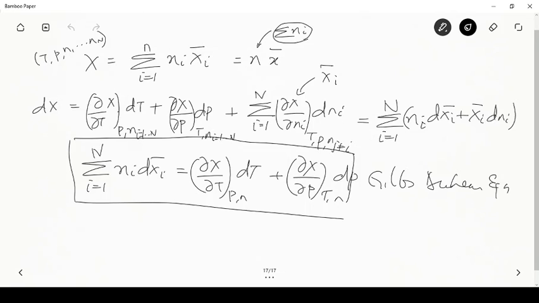Let's say a liquid mixture of all miscible liquids: water, ethanol, methanol, some aldehydes, ketones, some things of that kind, all mixed together. Now, how do we evaluate the partial molar enthalpy, partial molar specific internal energy, partial molar various properties?